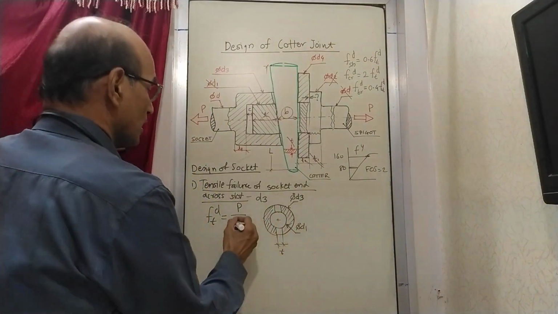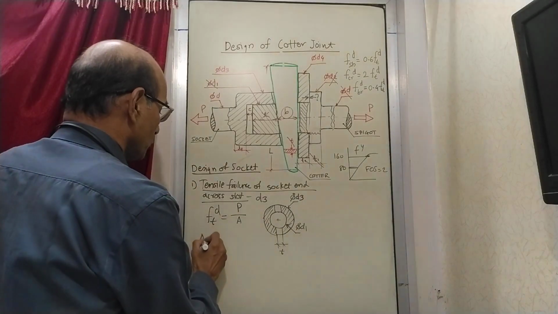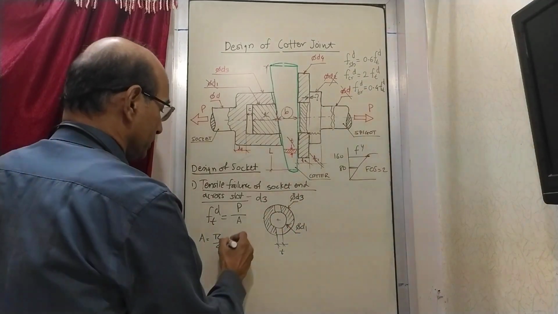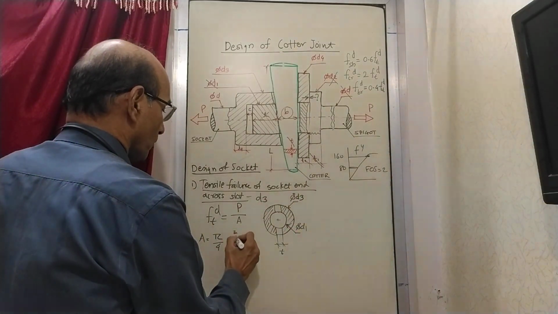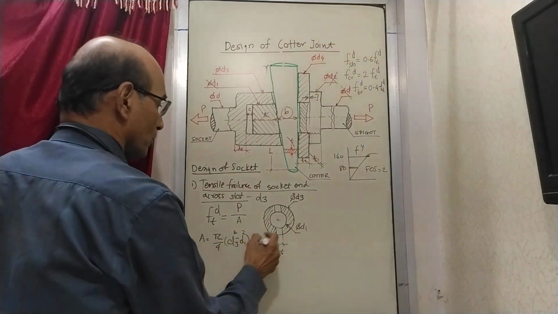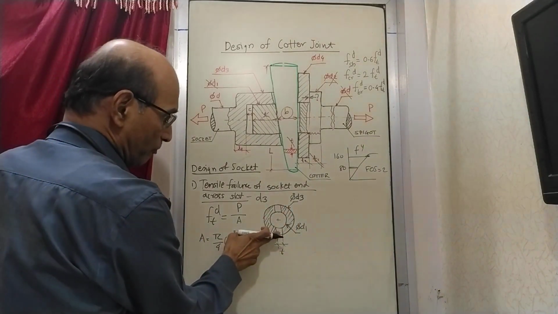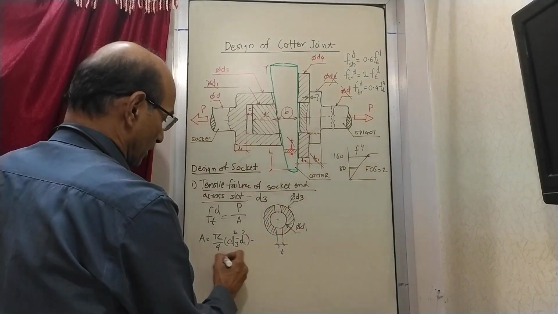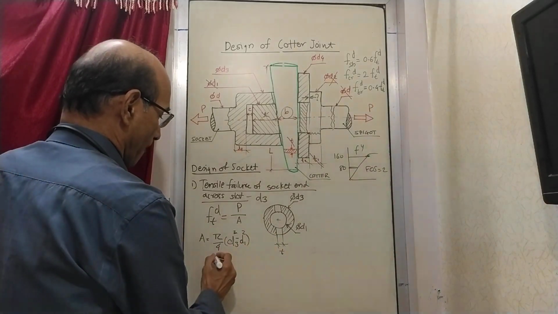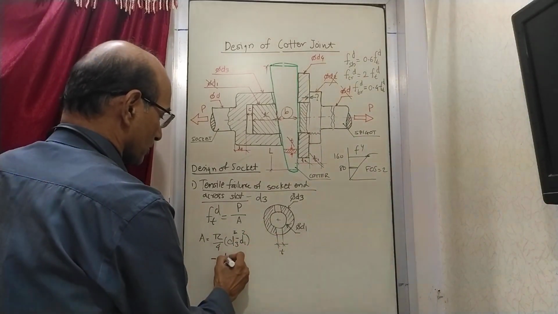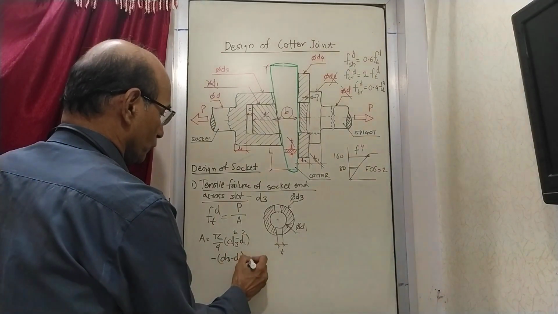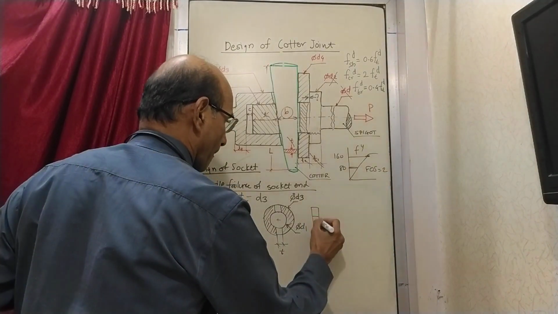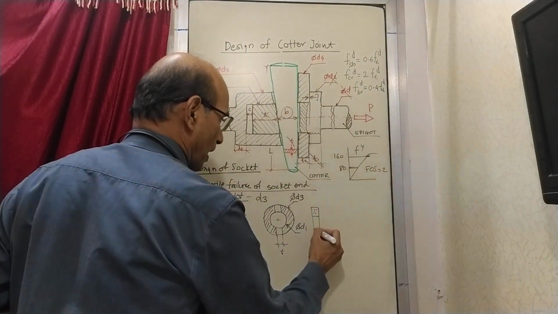So what will be the shaded area? I will write here A, where A is equal to pi by 4 of D3 square minus D1 square, that is this minus this, and then from that you have to subtract this rectangle, minus of D3 minus D1 into T. We are talking about this part, how much it is.